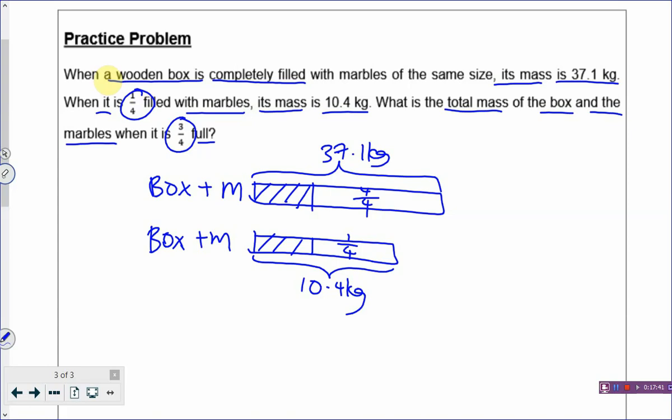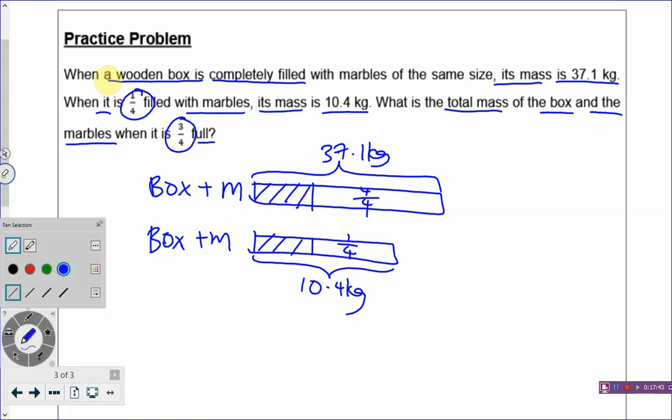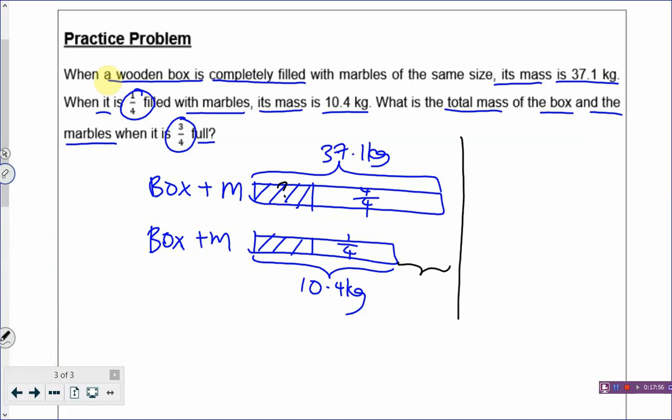But what we can do is find the mass of the empty box. So, how do we do that? We find the difference. Can you look at the difference between the fractions? You can see that 4/4 minus 1/4, you get a difference of 3/4, right? And what's the difference between the masses?